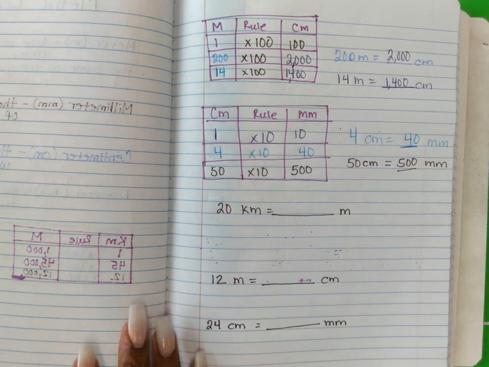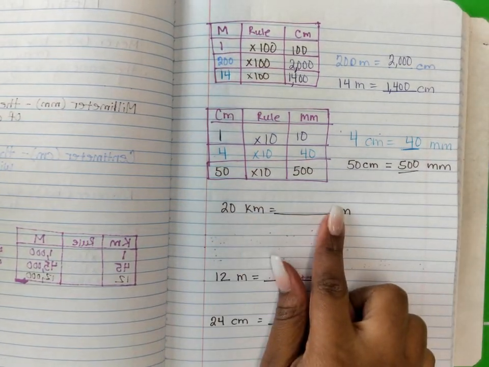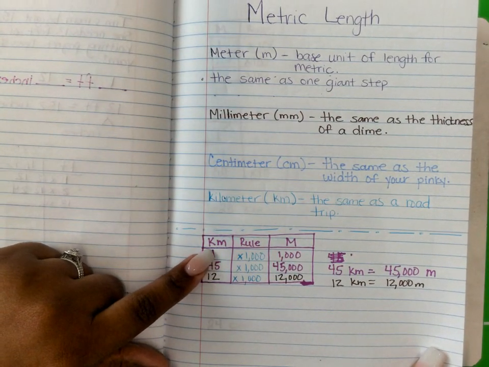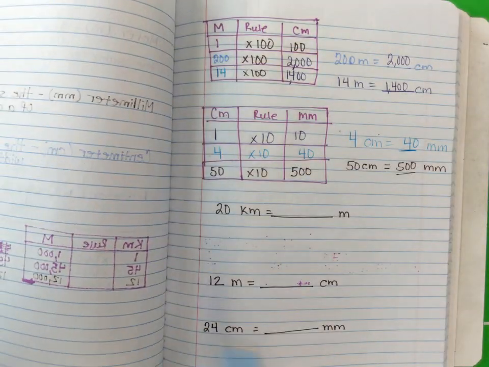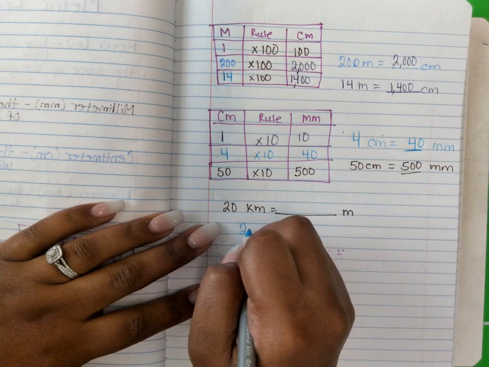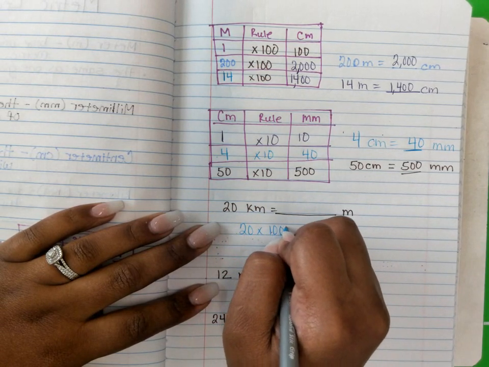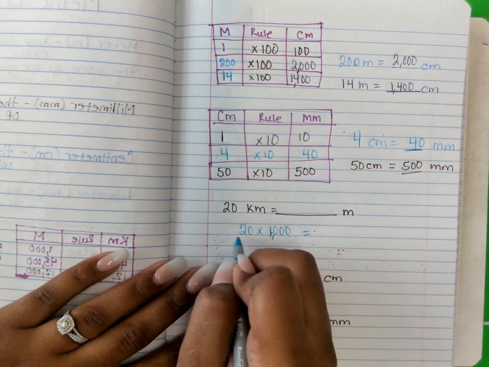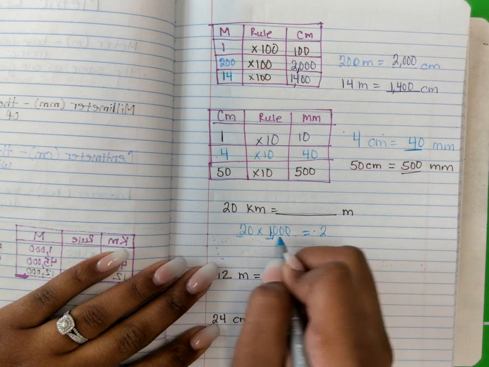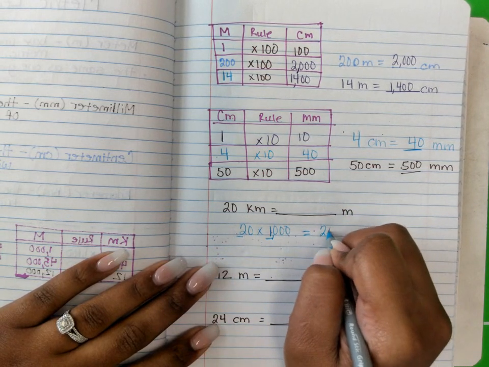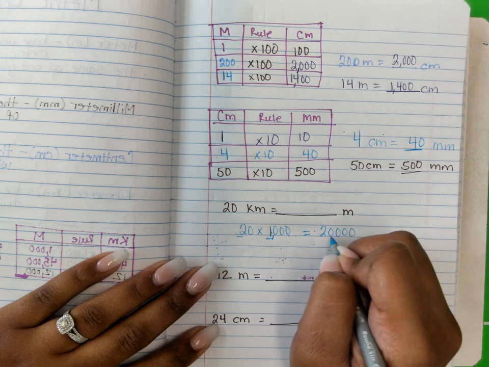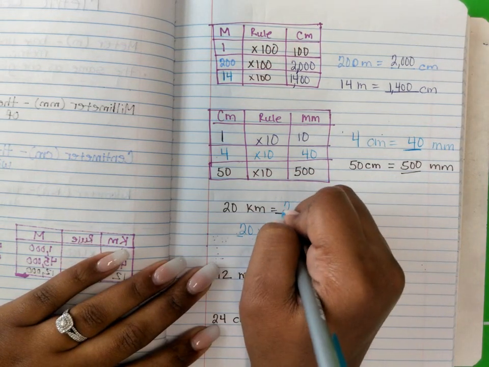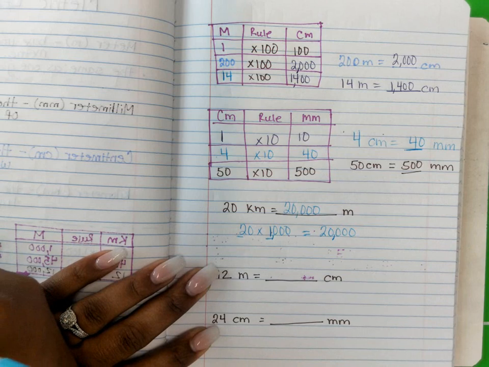I know that if I'm going, let's start with 20 kilometers to meters. Looking at my rule table, every time I convert kilometers to meters, I have to multiply times 1,000. So 20 times 1,000. If I don't know how to do that off the top of my head, I know that I can do 2 times 1 is 2, and I have a total of 4 zeros. 20 kilometers is the same as 20,000 meters.